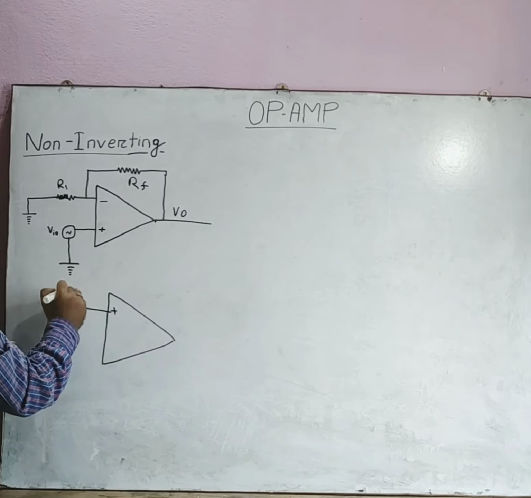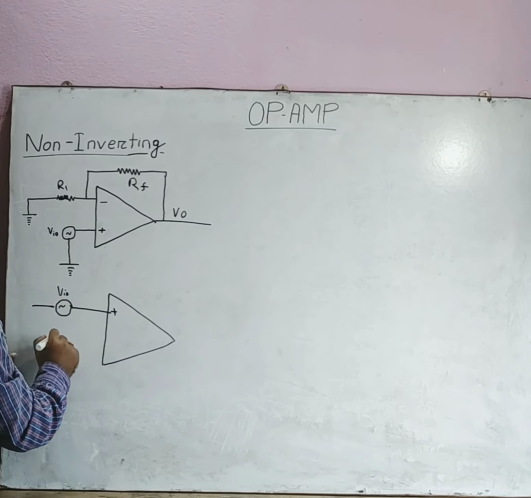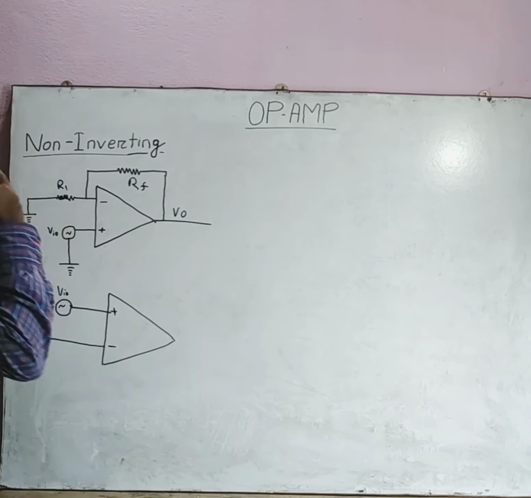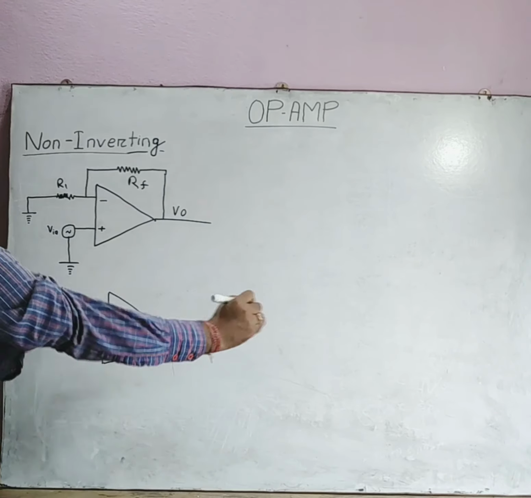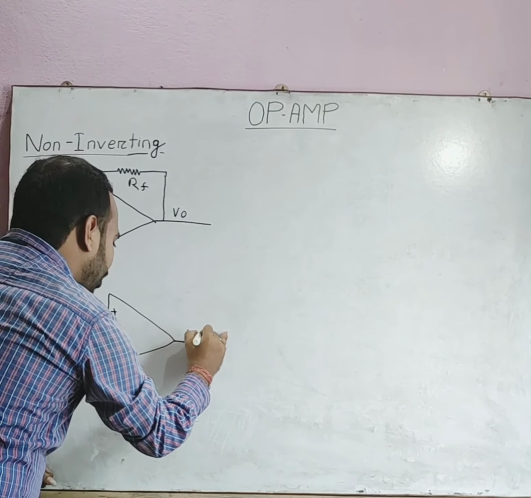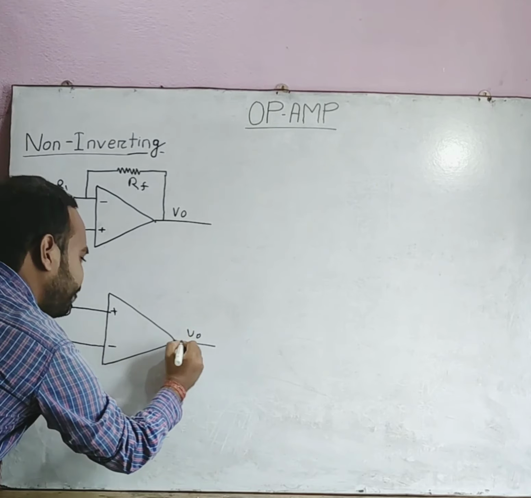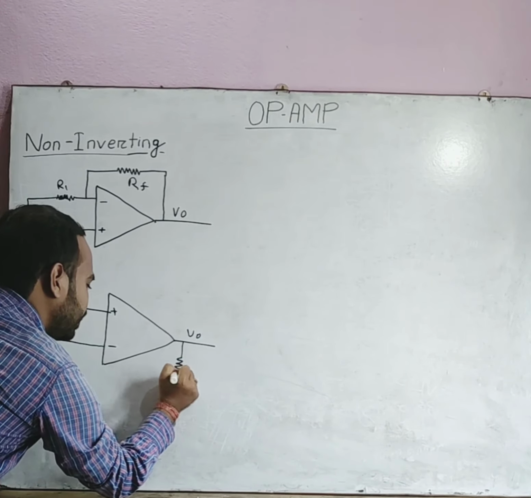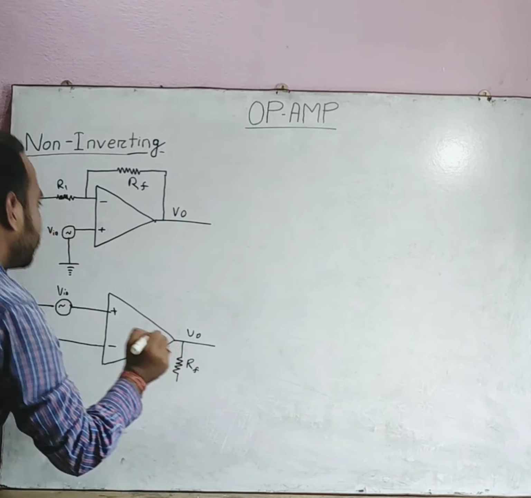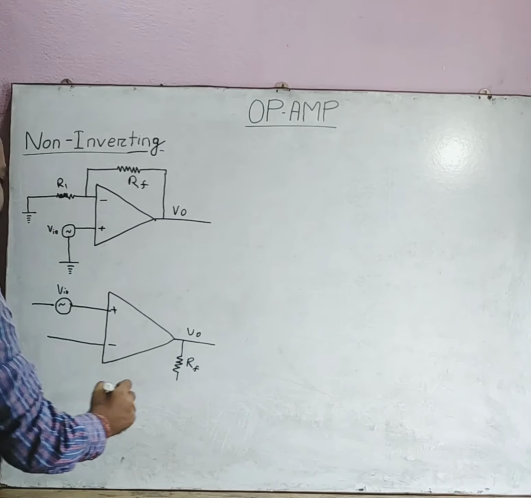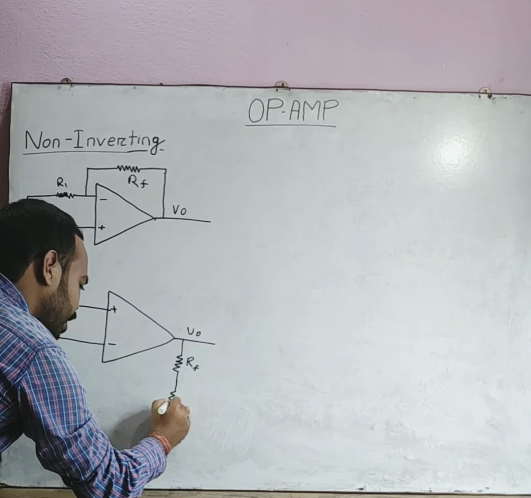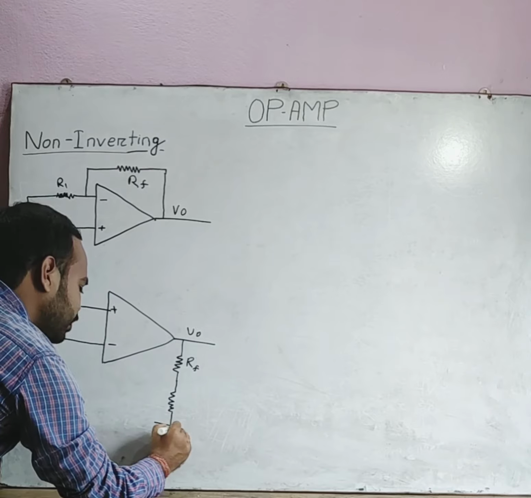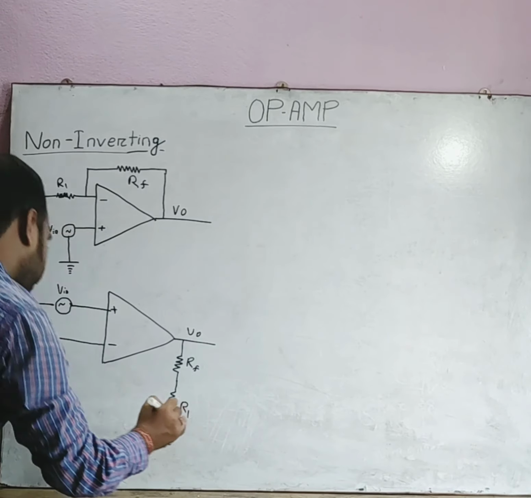This is our inverting terminal, and we obtain our output here. The feedback resistor RF is connected here, which is again connected to R1 here. So R1 is connected and it is finally grounded.